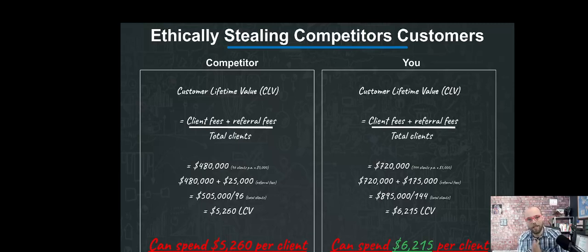If it doesn't, please let me know. This concept is huge. If you know this at the start, you know what you can spend to acquire a customer, and you know what you can do further down the line and how you can outspend all your competitors. Whoever can spend the most to acquire a customer wins. And that is where this comes from.